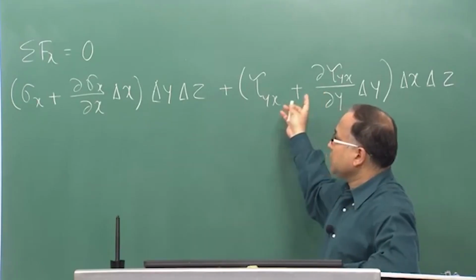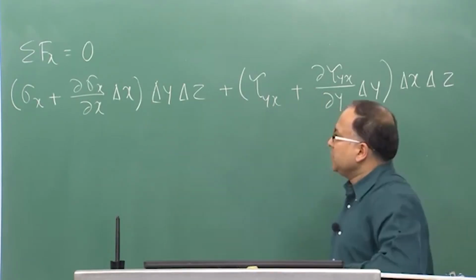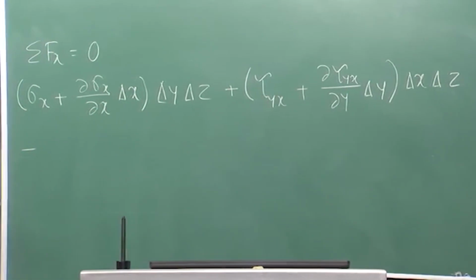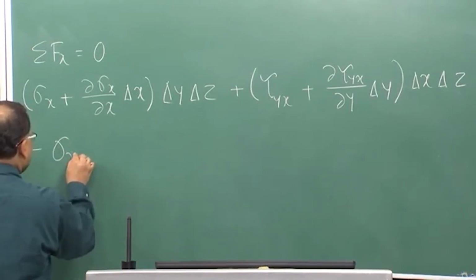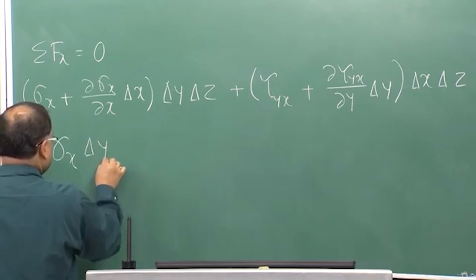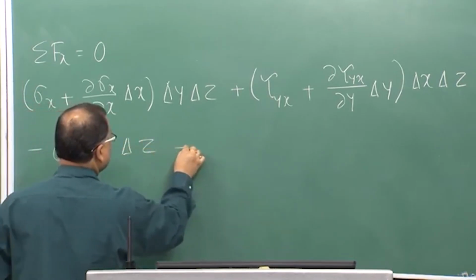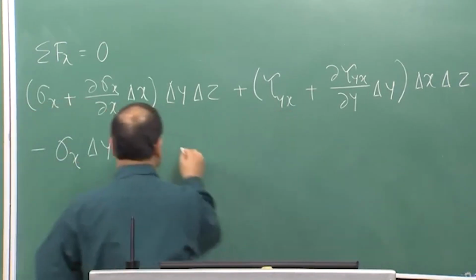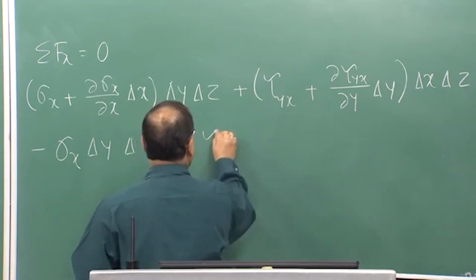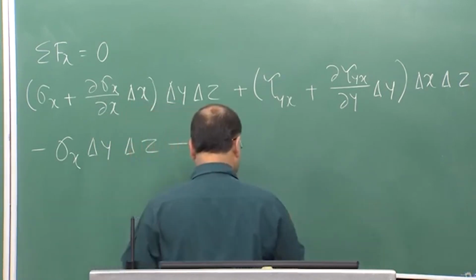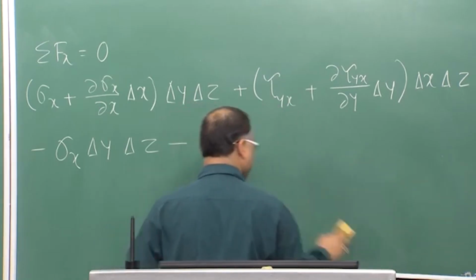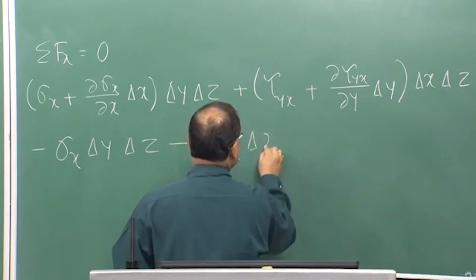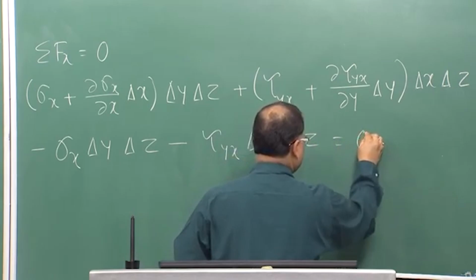So, these two forces are along the positive x direction, right. The other forces, which are acting along negative x direction, are sigma x delta y delta z, and minus tau yx delta x delta z, equal to 0.